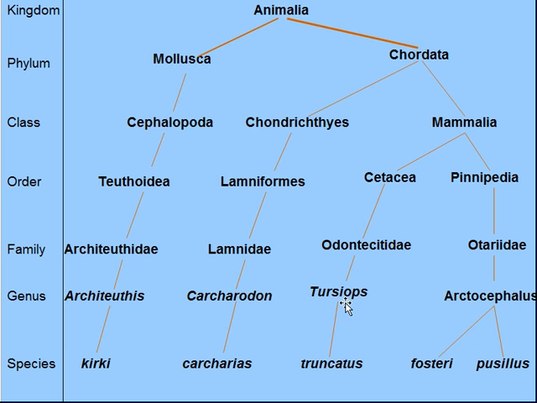So you can have a lion and a tiger. They would both be in the same genus of Panthera, and they can actually produce an offspring. But that liger, which is the type of offspring, is an interesting animal. It's even bigger than the tiger or the lion, and it has some characteristics of both.